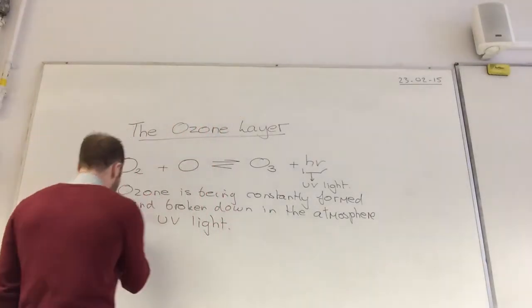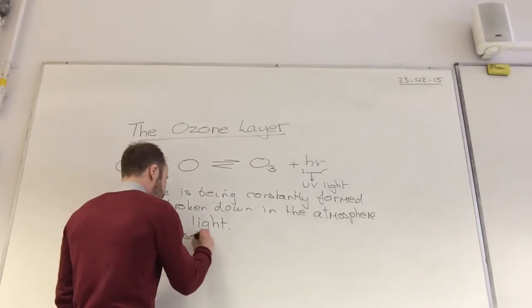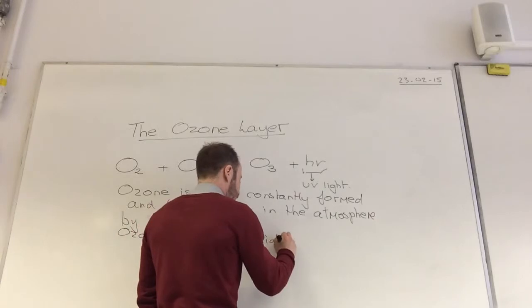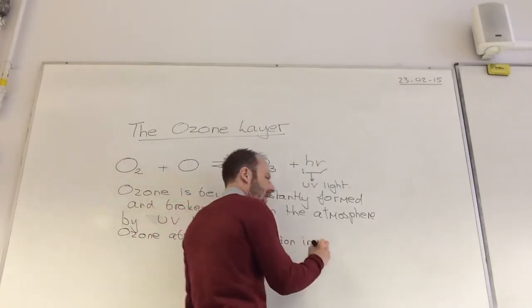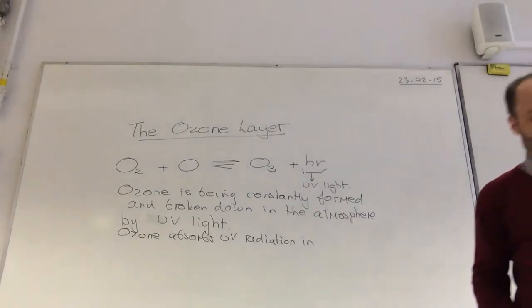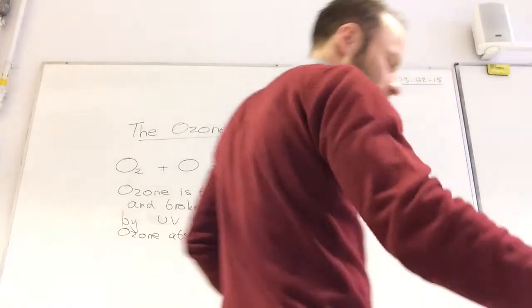So we'll say ozone absorbs ultraviolet radiation. And you know what layer of the atmosphere it's in? Stratosphere? Yeah, stratosphere. Let's get that one.